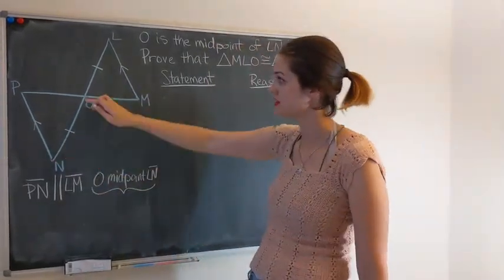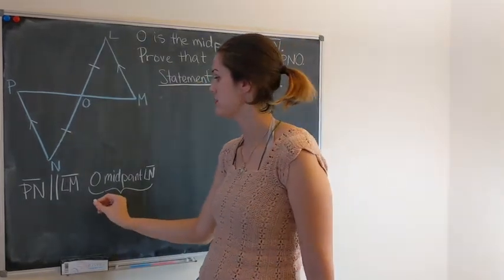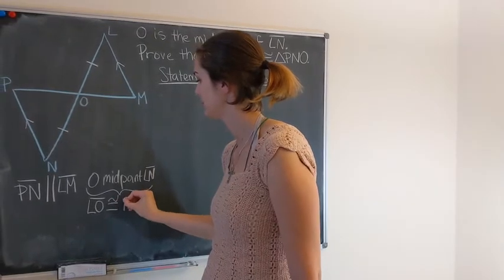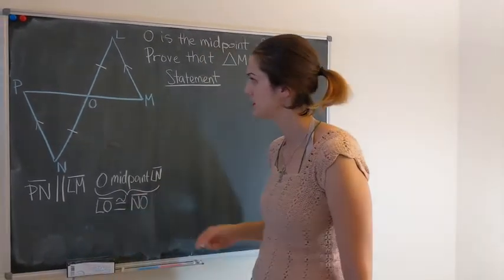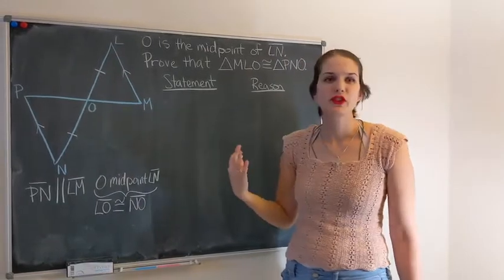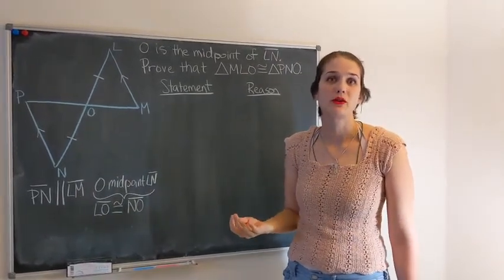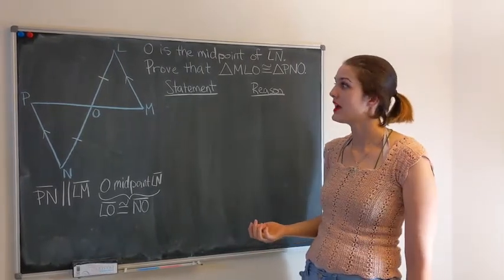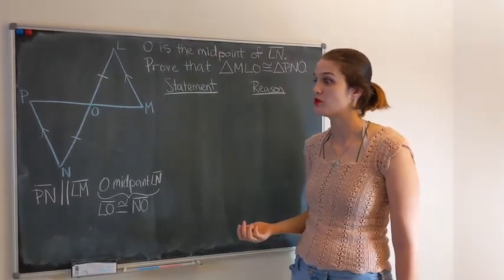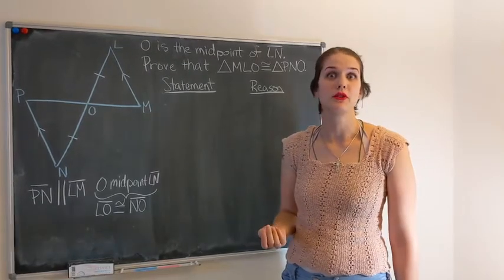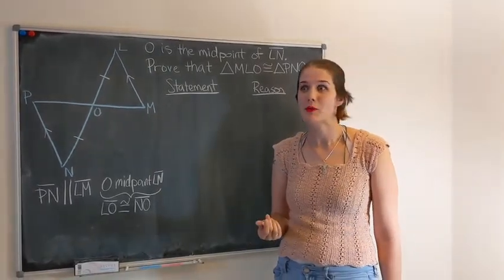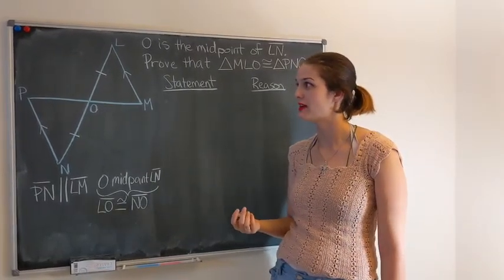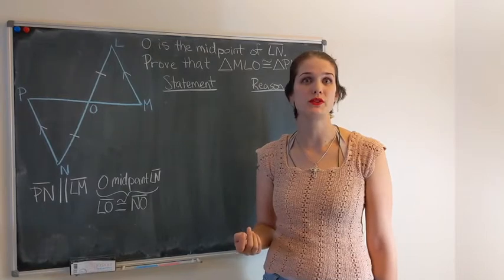Midpoint means that it splits this line segment in two perfect halves. And at least for now, that looks to be all we can say about any side lengths between these two triangles. But there are some angles that we can show to be congruent using other theorems about angles. So take a moment to look at this diagram and see what other angles you can say are definitely congruent to each other.